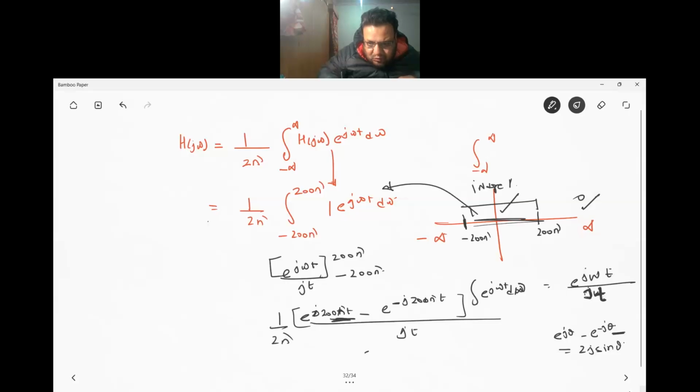So this value will be equal to 2j sin(200πt) divided by 2π.